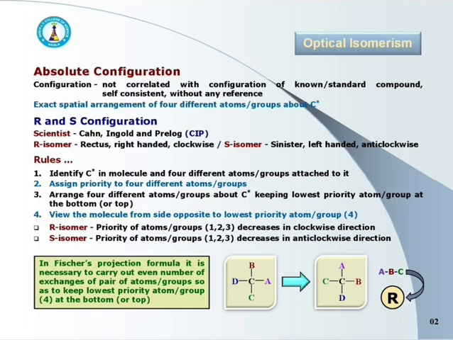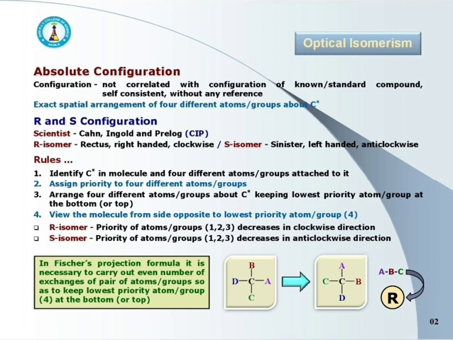Decrease in priority in clockwise direction is the R isomer, and decrease in anticlockwise direction is nothing but the S isomer.